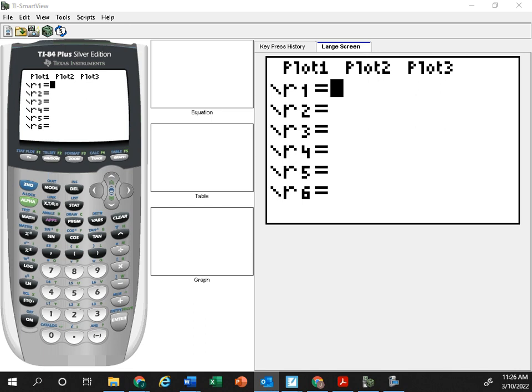Guys, if your graph is being kind of weird, take zoom trig, and then it should fit nicely.